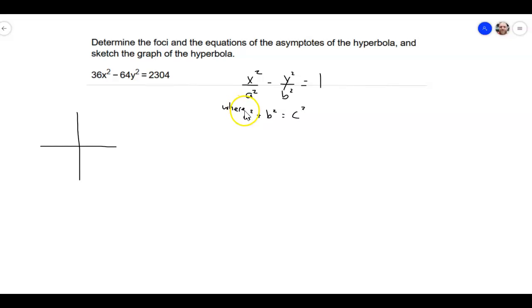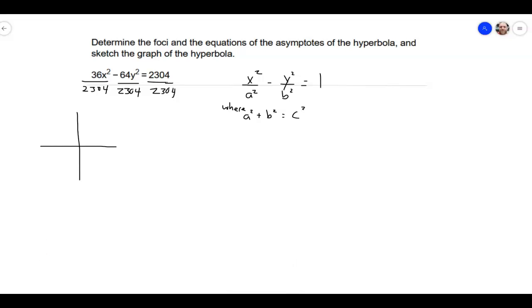All right. So looking at this, I know I need to get this 2304 into a 1. So what I'm going to do is I'm just going to divide every term by 2304, which I can do. And I'm going to use my calculator to give me the reduced fractions here.